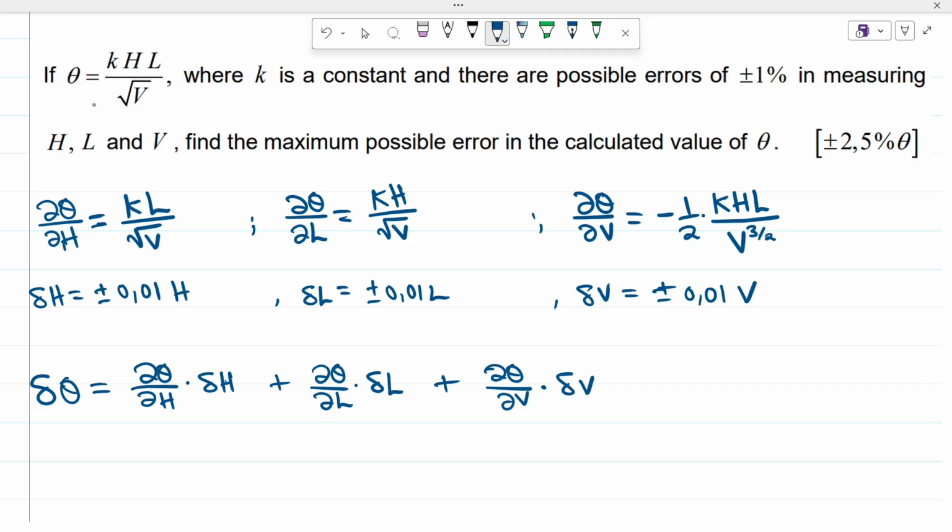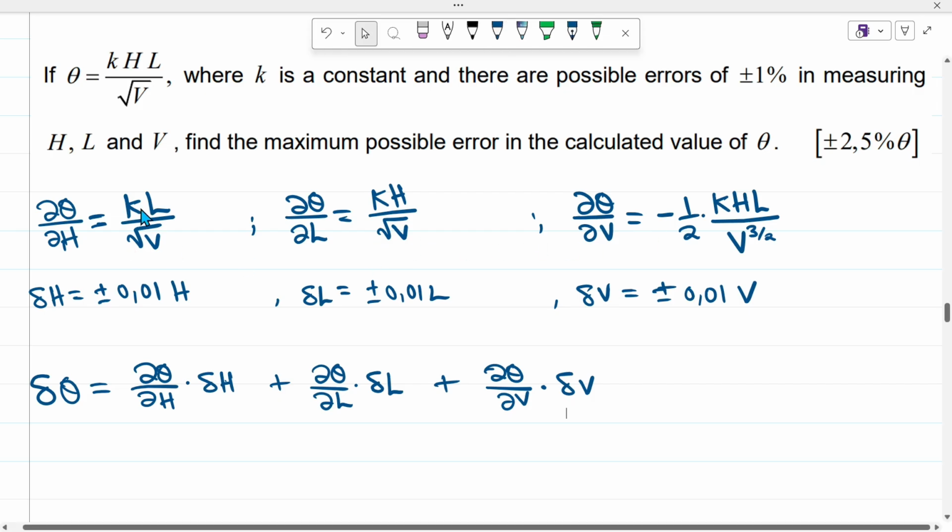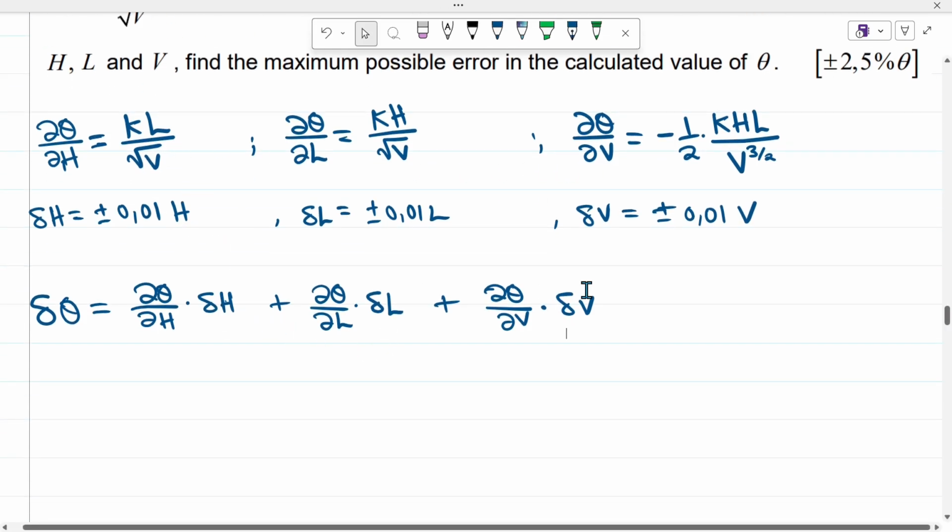And then from here we're just going to substitute all the formulas that we have, as well as the changes, to get the maximum percentage change, of course.